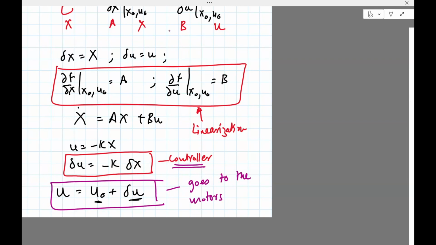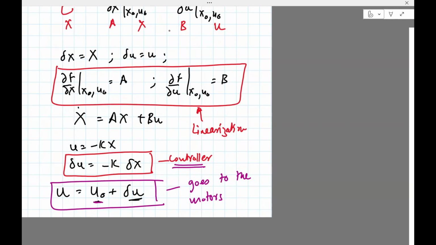Right? Delta u is just a part of it, but this is the one which goes to the motors. u0 is some nominal control. Usually u0 is the control required to keep the system steady in the absence of any disturbances. In many cases u0 is 0. For example, if you keep the pendulum upright, with the mass of the pendulum on the rod, the control u is just 0.